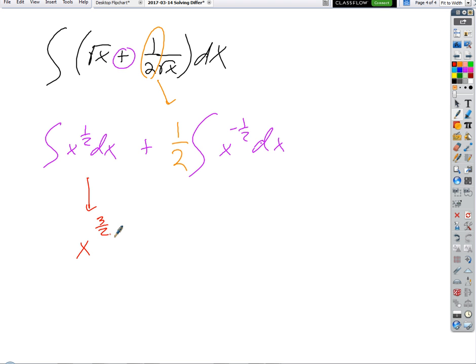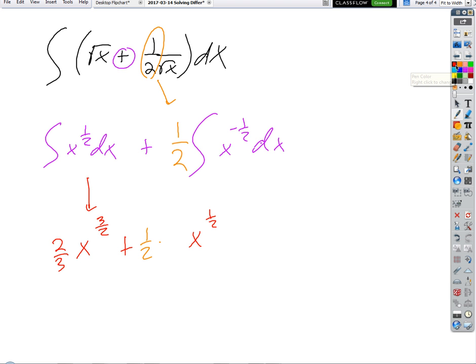Multiply by the reciprocal. So we get 2/3 x to the 3 halves, plus n is negative 1/2. What's n plus 1? 1/2. So we get x to the 1/2, and then we've got our 1/2 out front.